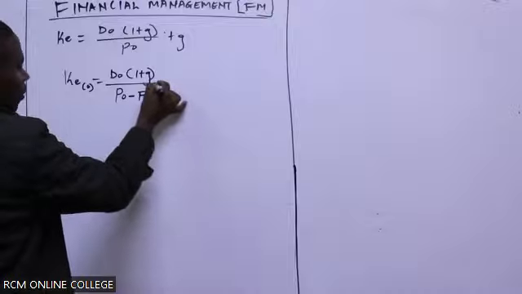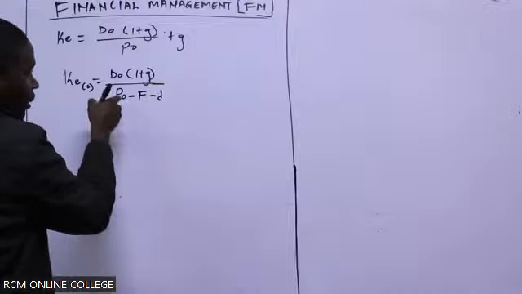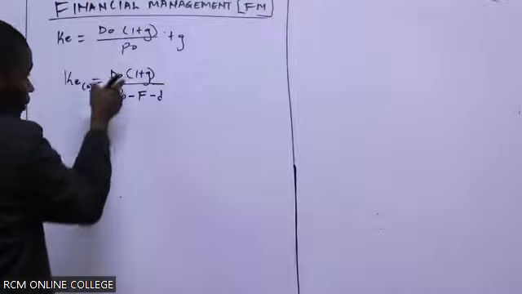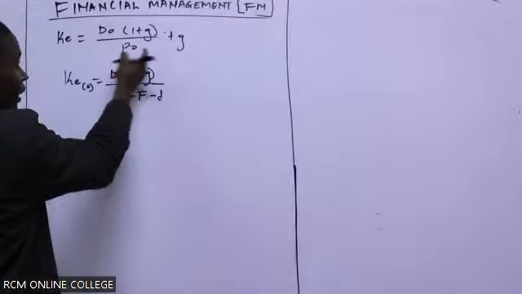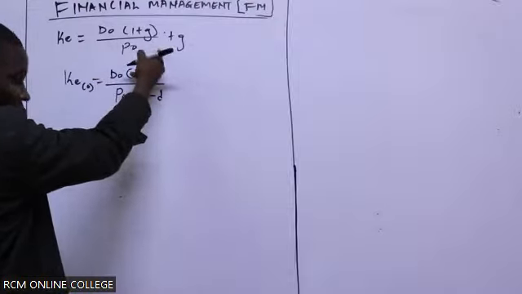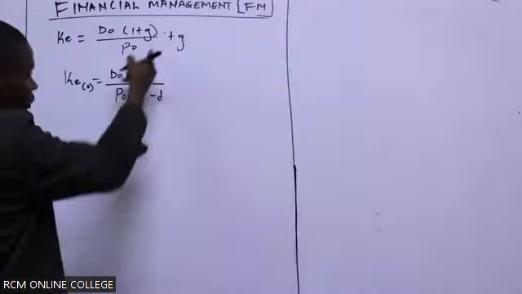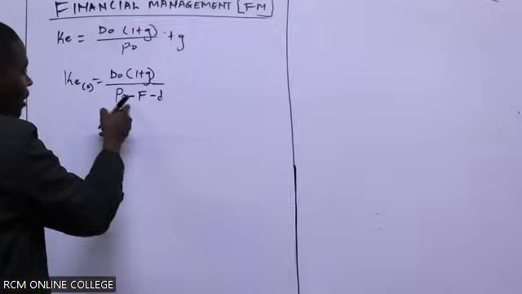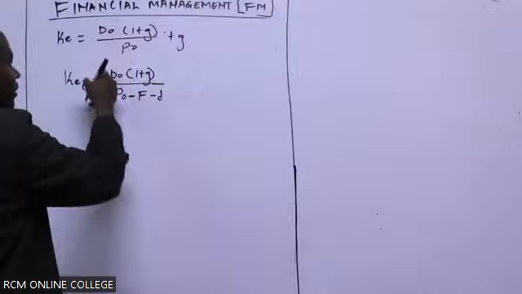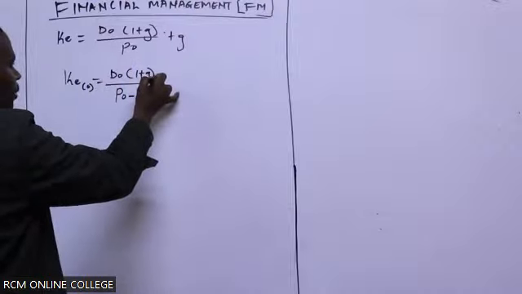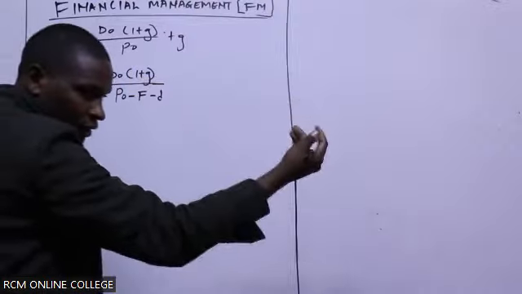What is happening to our P0? It's reducing. Retained earning has nothing that will be affecting it in that order, but our P0 will be affected. It will reduce, so whatever result I'm going to get will be higher.